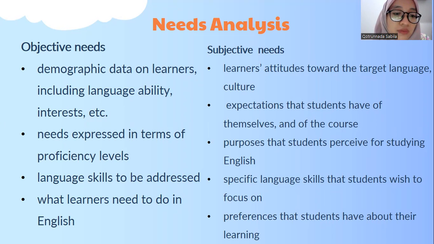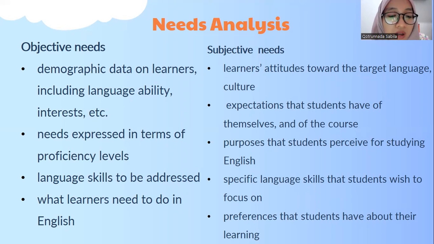The information gathered will include demographic data of learners, including language, ability, interests, etc., and their needs expressed in terms of proficiency levels, language skills to be addressed, and what learners need to do in English.